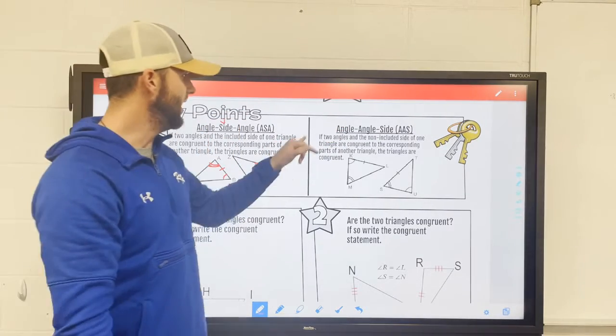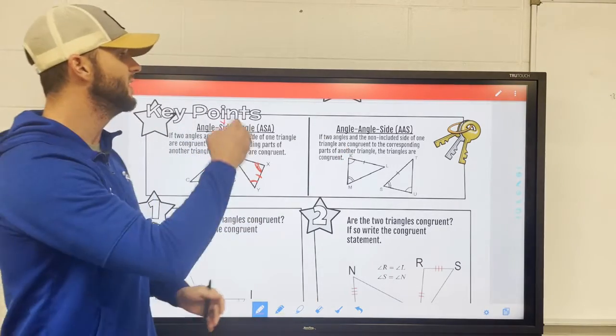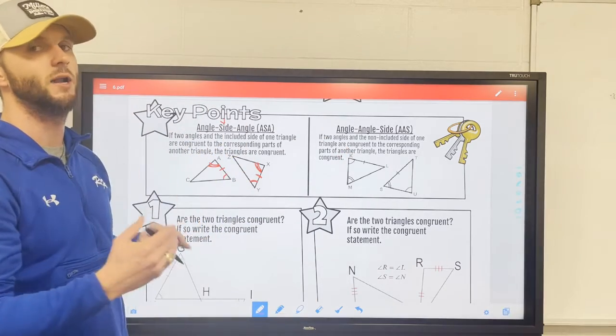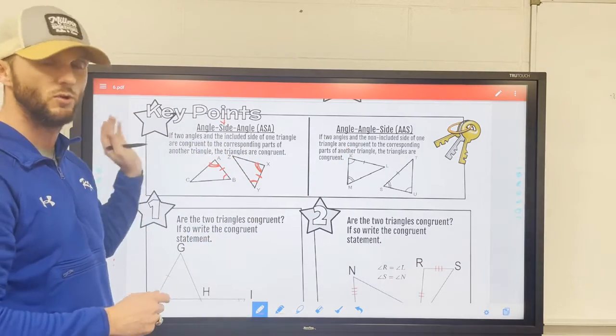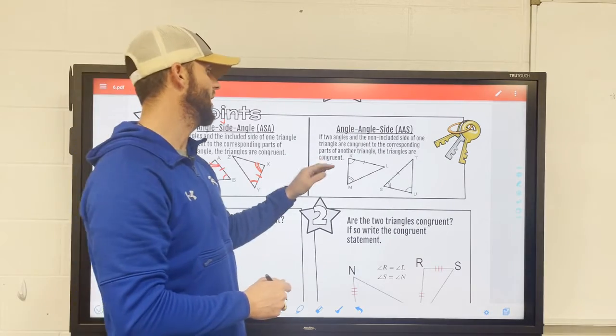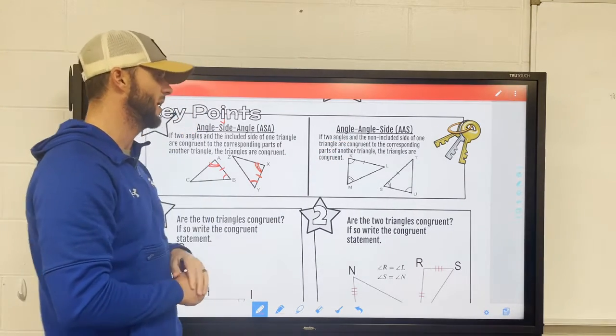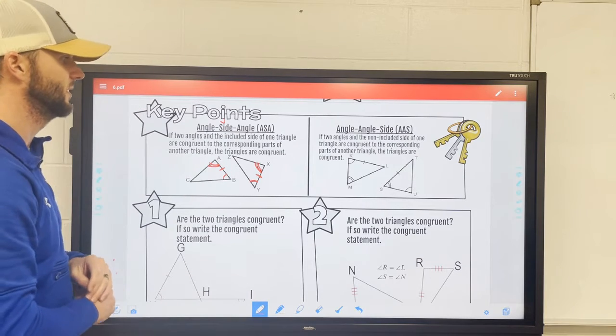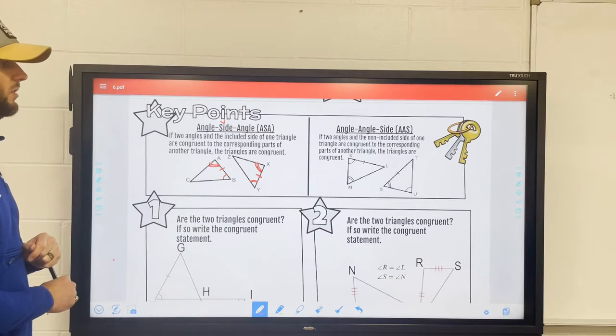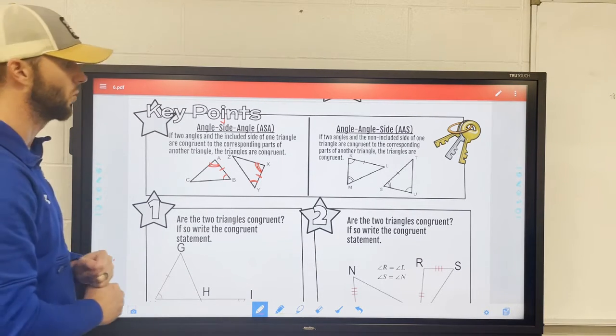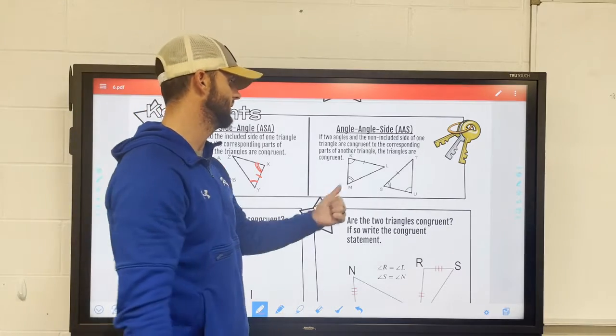It says, if two angles and the non-included side, remember, not included means it's not in between those, of a triangle are congruent to the corresponding parts of another triangle, then the two triangles are congruent to each other. So we need to look at the correct order here. Let's look at this example.